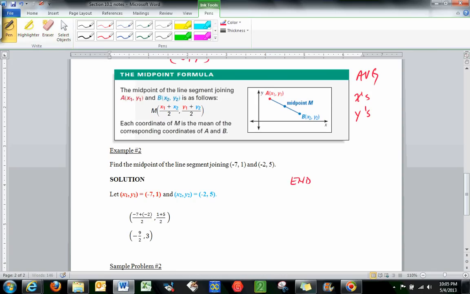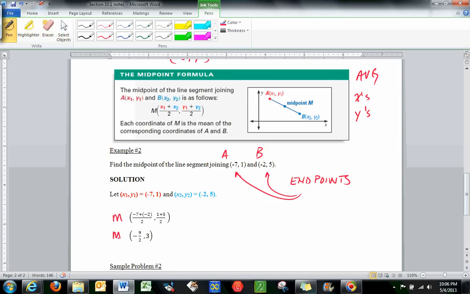If you remember from your geometry class, those are your endpoints, and we want to find the midpoint between them. Sometimes when you have a point, they'll put a letter in front of it. Like if we call this point A and this point B, we might put the A or the B in front of the ordered pair. We may do the same thing with an M here.